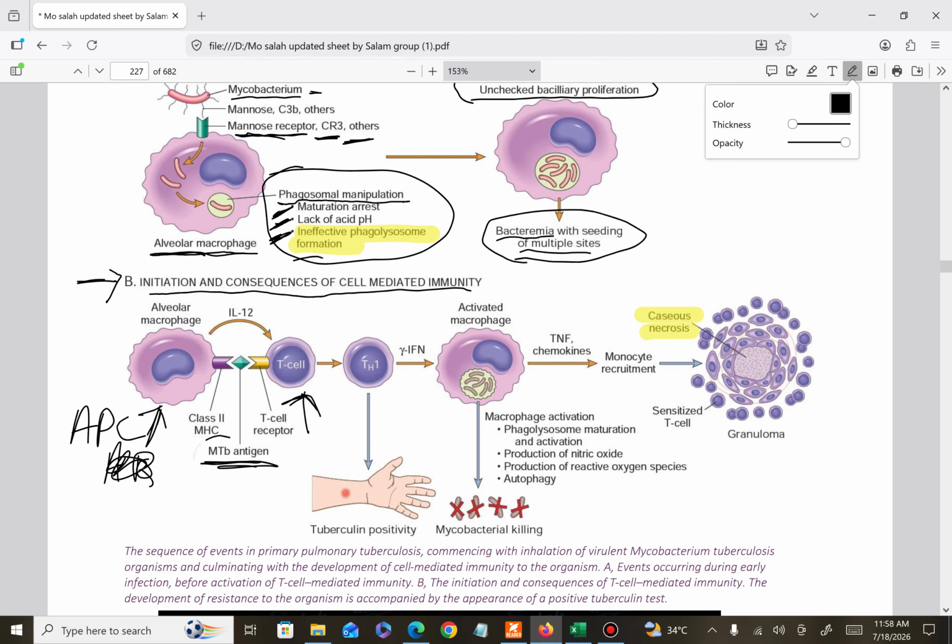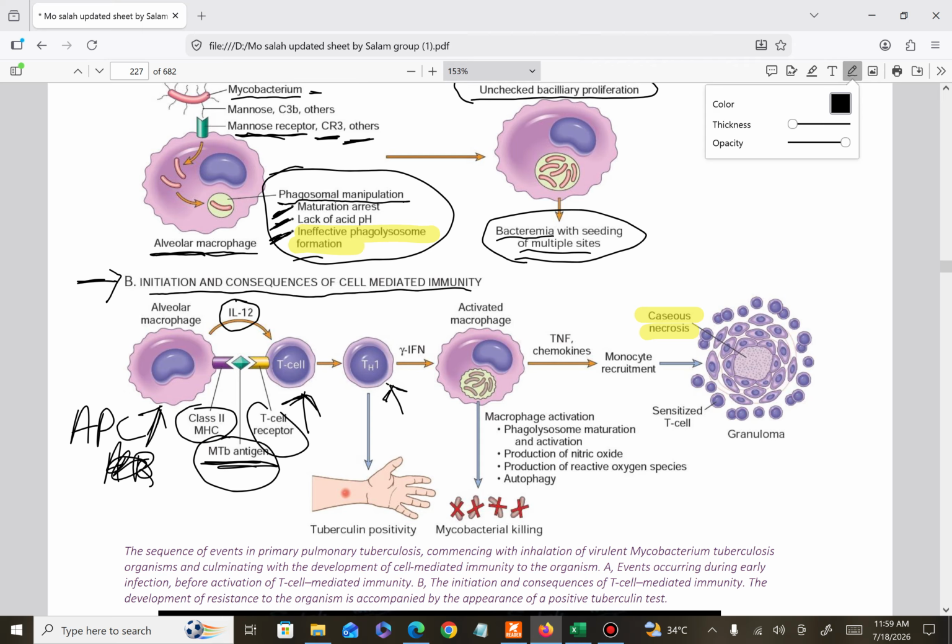It presents the mycobacterium antigen on the class 2 MHC protein to the T cell receptors, and the alveolar macrophages secrete interleukin 12, which causes the activation of the T helper 1 cells.